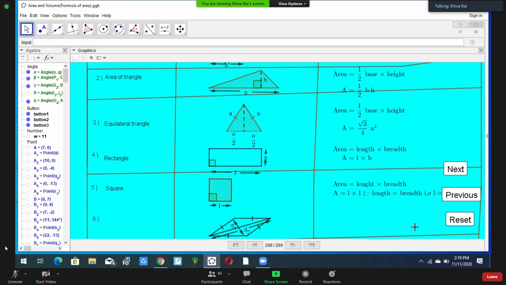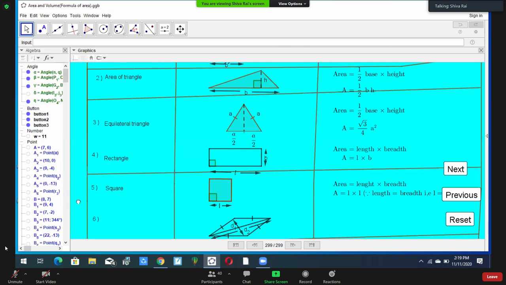Here A equal to L into L. Why? Length is length, and breadth here is also equal to length, so in place of breadth we can also write L. So finally we get A equal to L square.